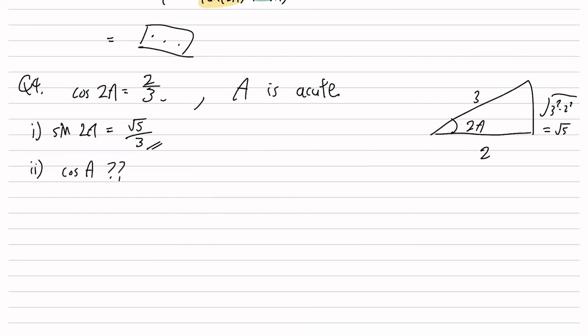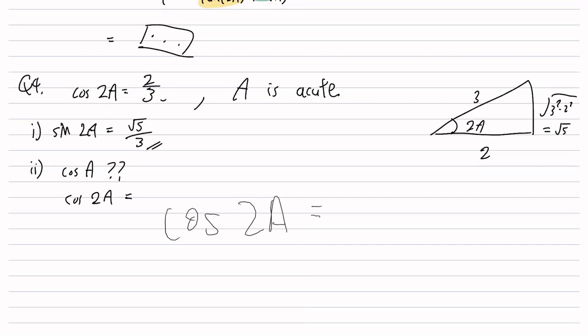Part 2, cosine A. Double angle formula. Very good. Cosine 2A equals to what? There's only 3 versions.